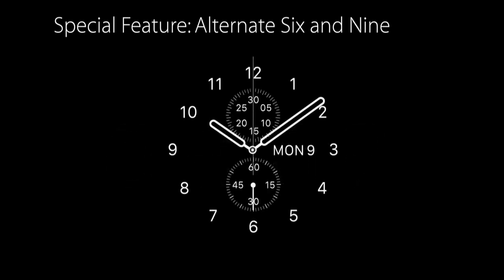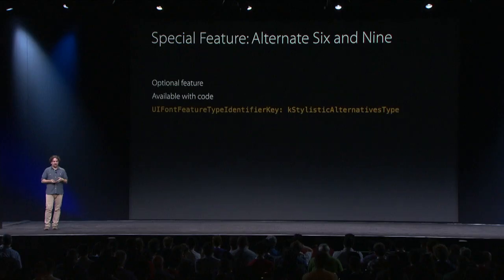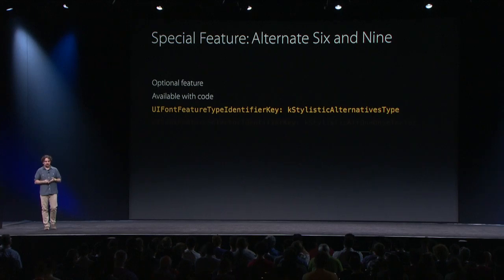And we use them in situations like the small dials on the watch. We use them on the serial number on the back of your watch. But you can also use them in serial numbers where the context is not enough to tell you what you're looking at. So because their usage is context dependent, we don't actually turn it on for you automatically. But it's available with this feature code that you see.